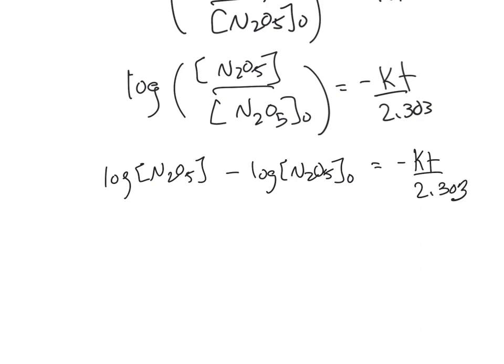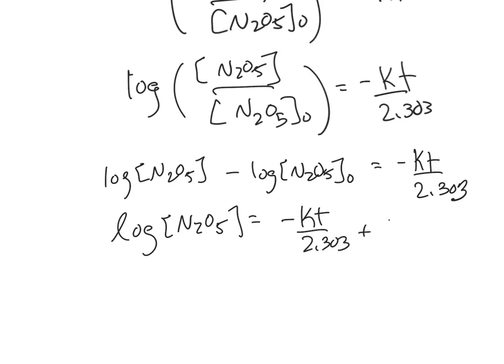Then we'll take this log concentration initial and put it on the right hand side. So you have logarithm N2O5 is equal to negative kt divided by 2.303 plus logarithm N2O5 initial.